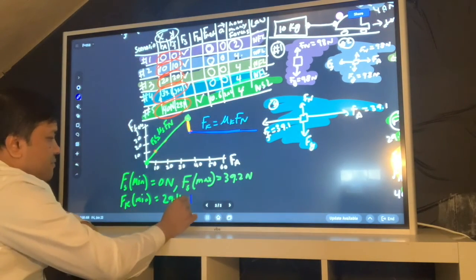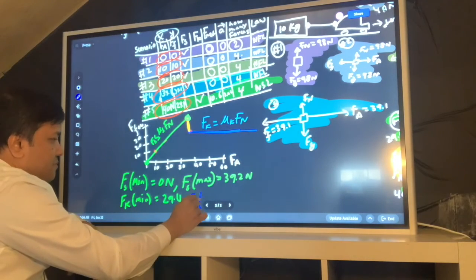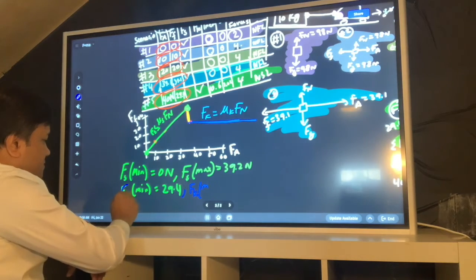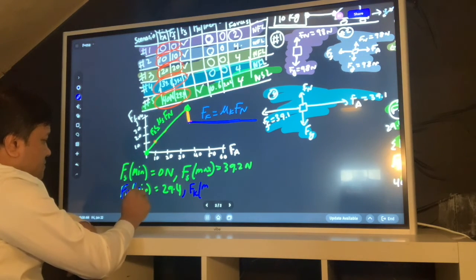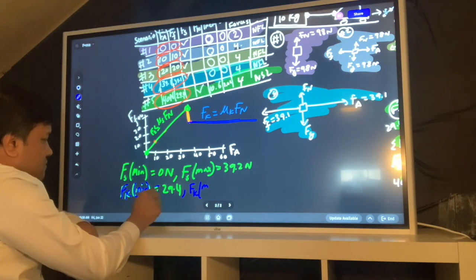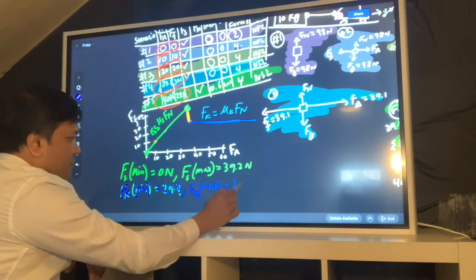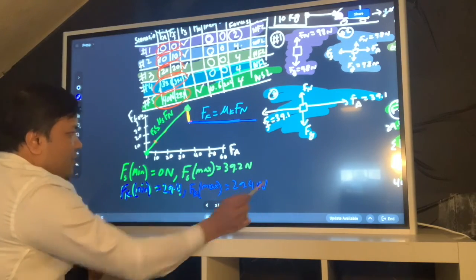And maximum kinetic friction is also 29.4. How do you know?